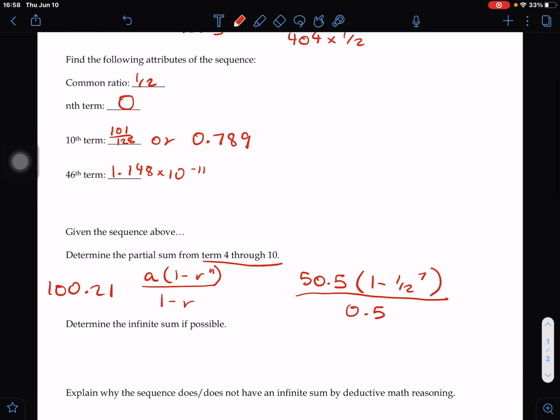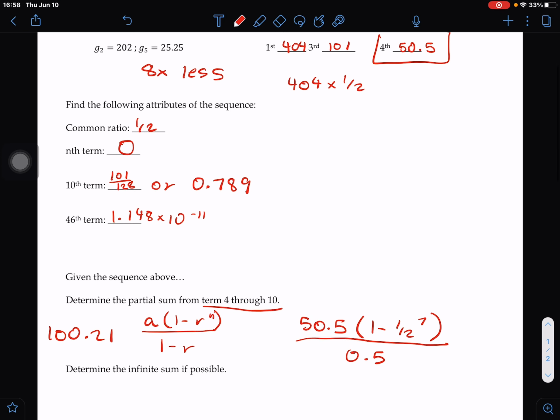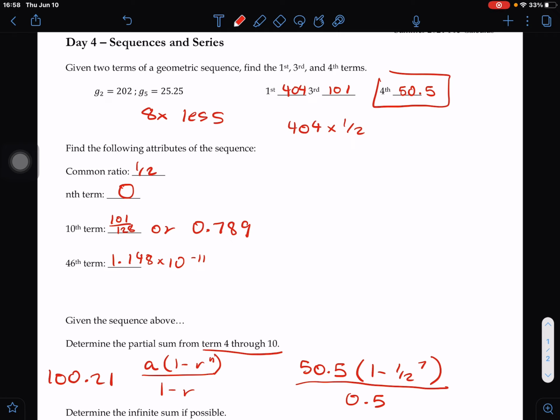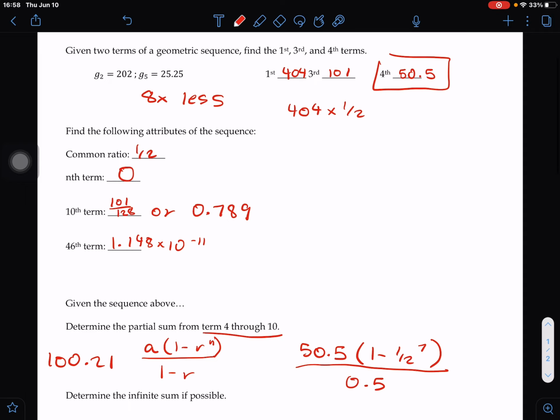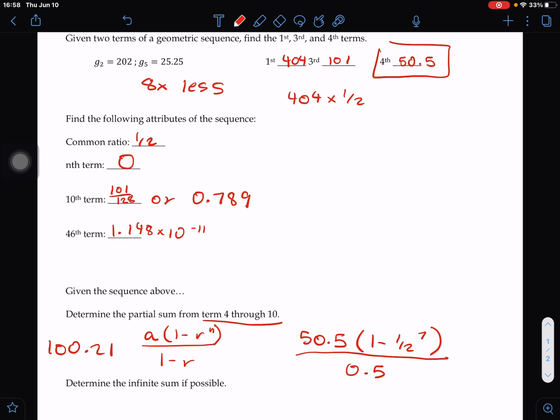So for the infinite sum, what we have to be looking at is our first term is 404, our second term is 202, so that gives us 606. Our third term is 101, which gives us 707. And if you keep adding, you notice that we slowly approach 808, because our common ratio is 1/2.